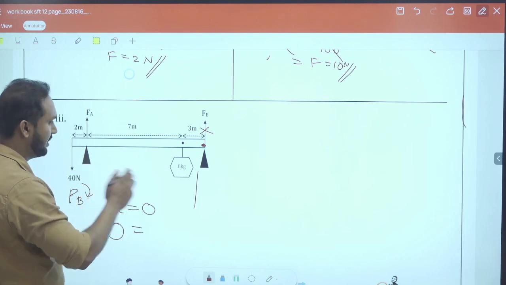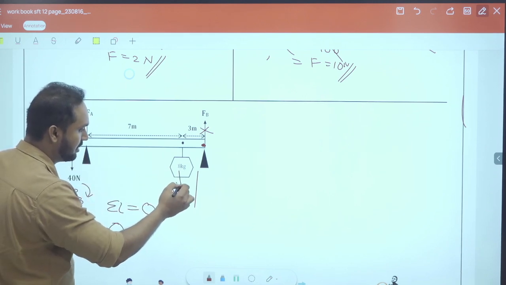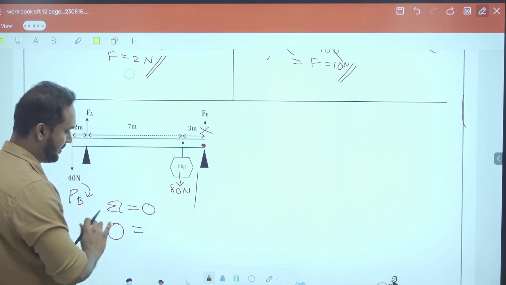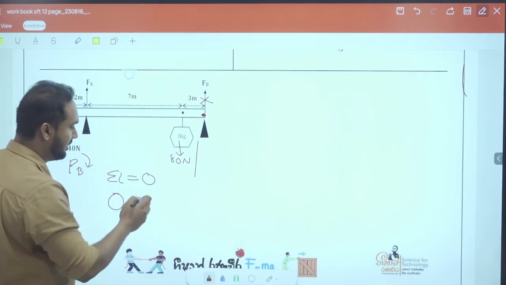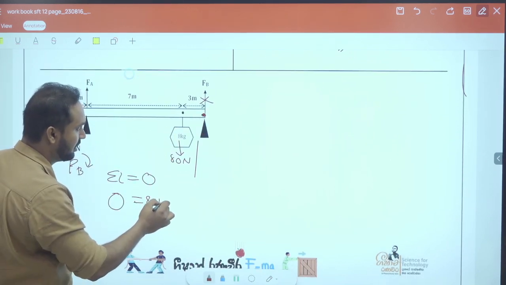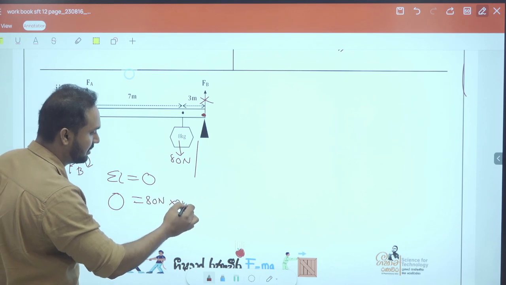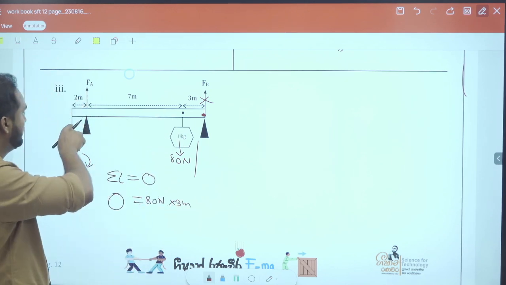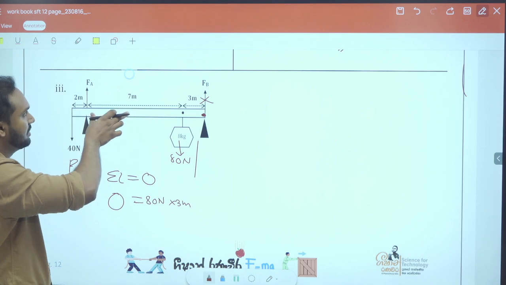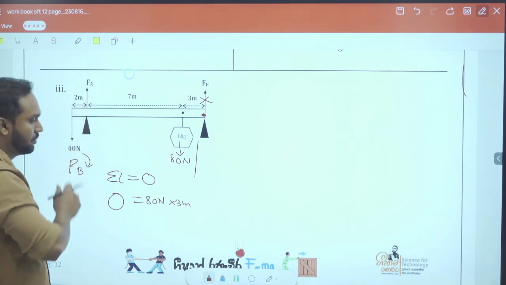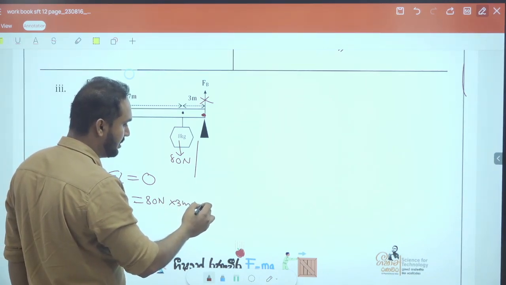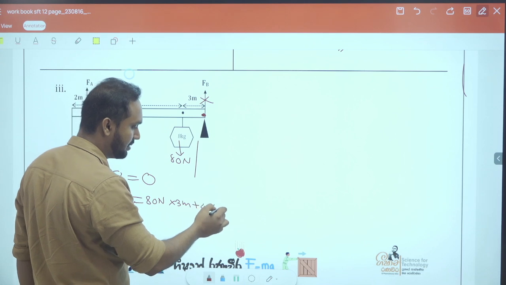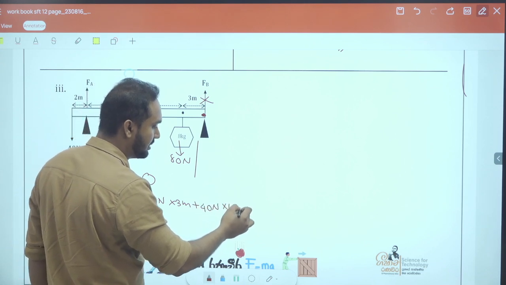So this is 80 newtons, so 80 newtons acting at 3 meters, and this force 40 newtons acting at 12 meters.